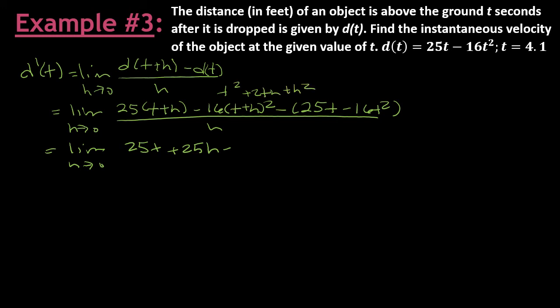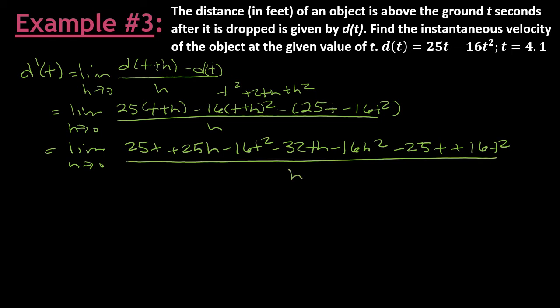So if I distribute the 16, it's negative 16t squared minus 32th minus 16h squared minus 25t plus 16t squared all over h.